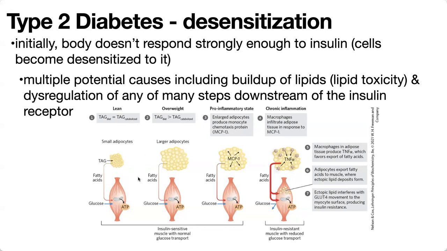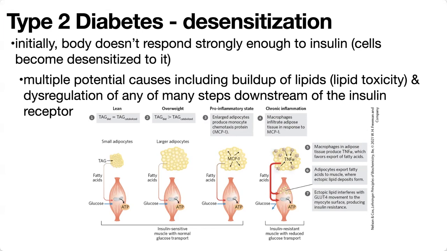The fatty acids are then going to go to your muscles and your liver and build up there. That's going to cause a bunch of problems, and you're going to get inflammatory responses and bad things. All of this is then going to make it so that these cells can't respond as well to the insulin.